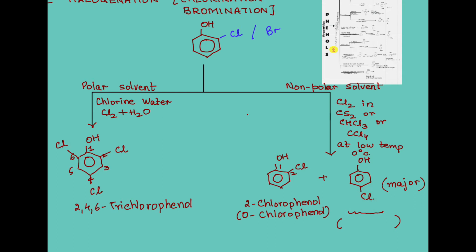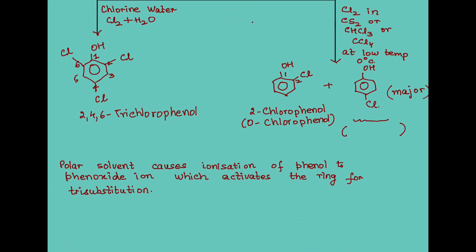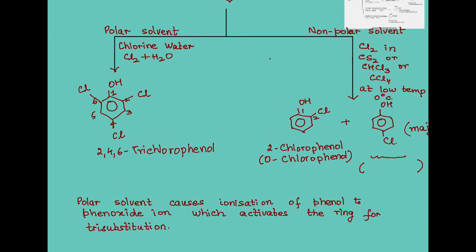Why this difference in behavior? There you go. In the case of polar solvents, what happens is there's ionization of phenol, which will give us the phenoxide ion. Now, phenoxide ion means what are the positions which will become electron rich? Ortho, the two ortho positions, and the para position with respect to OH group.